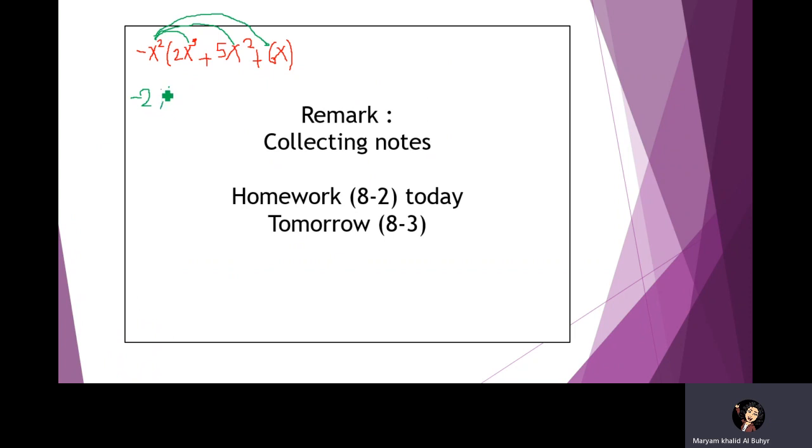X to the power, same base, add the powers. So that will be x to the power 5, minus, because here I have minus times 5, so that will be 5x to the power 4. Finally, we have negative, it will be -6x to the power 3. So that's for this part.